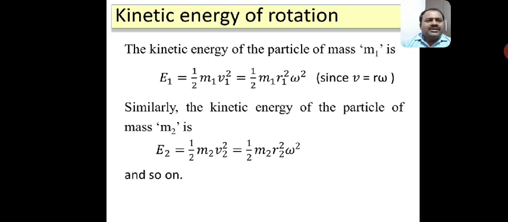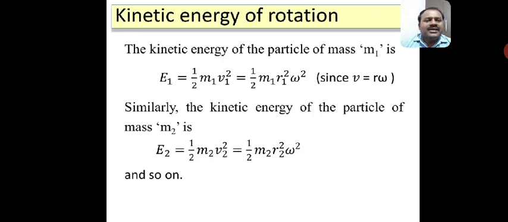So now if we consider one particle of mass m1, then its kinetic energy is given by E1 is equal to half into m1 into v1 square. Now we know that v is equal to r omega, therefore in this case the linear velocity v1 is equal to r1 into omega. So therefore the kinetic energy will be half into m1 r1 square into omega square.